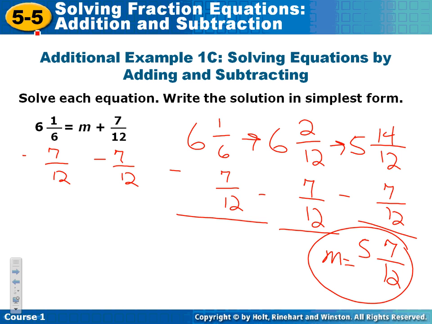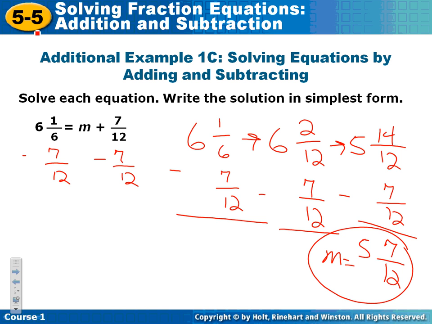There's my answer. On your homework, make sure, I'm serious, I want you to show all of this. I want you to show all of it, and I want you to also make sure you include the M equals or the X equals or the A equals or any of that kind of stuff, okay? I think you guys have a pretty good handle on this, so I'm going to just give you your homework assignment right away.